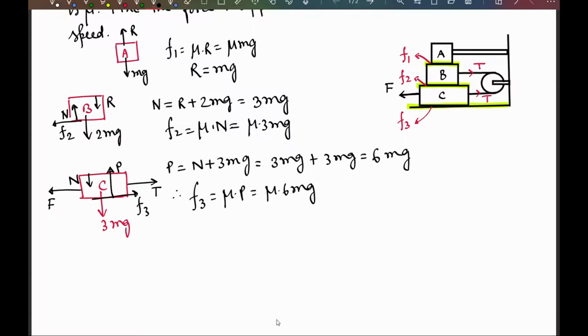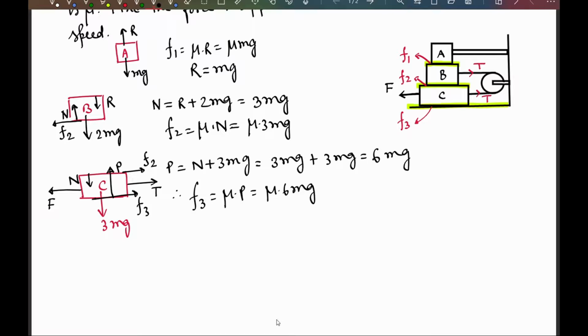The frictional force between block C and the ground, that is F3, is in the opposite direction of the applied force, that is towards right, and the relative velocity of block C with respect to block B is towards left. Therefore, the frictional force between blocks B and C, that is the frictional force applied by block B on block C, is towards right, that is F2.